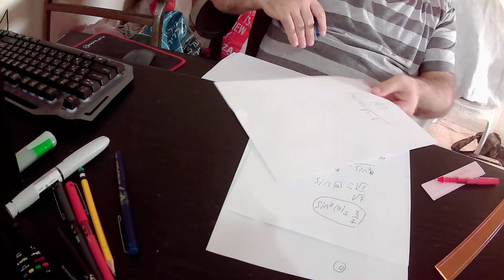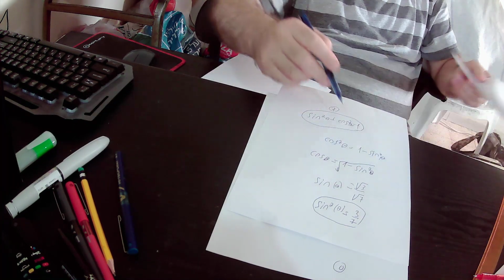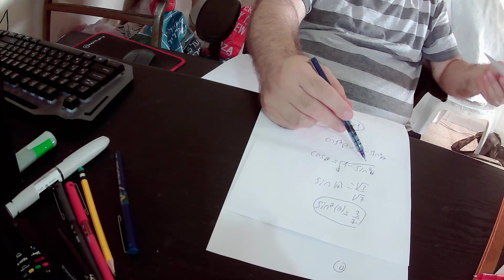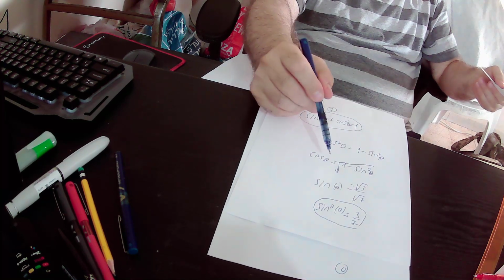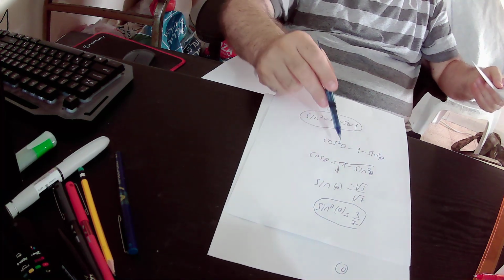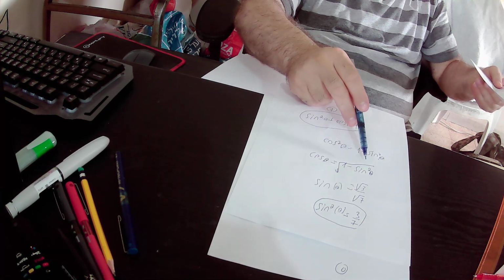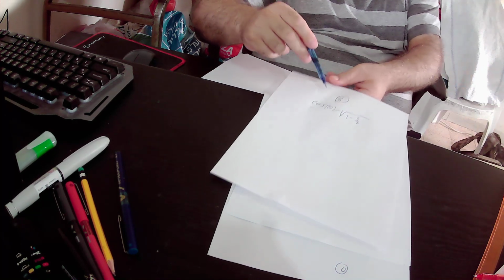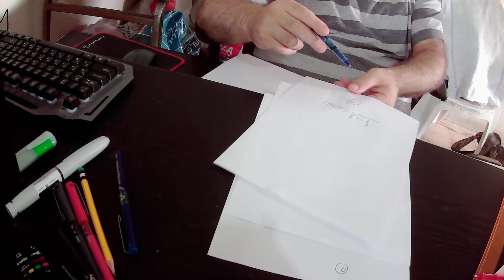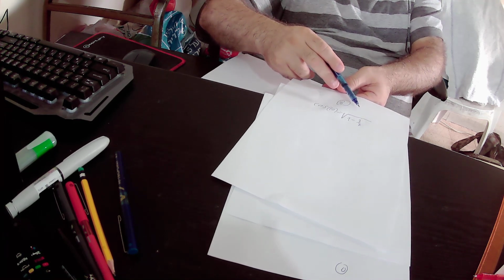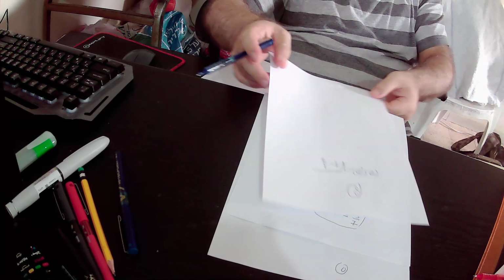Okay, we substituted sine theta squared by 3 over 7, and we got that cosine theta equals the root of 1 minus 3 over 7. 1 minus 3 over 7 is 4 over 7, so I write it down.